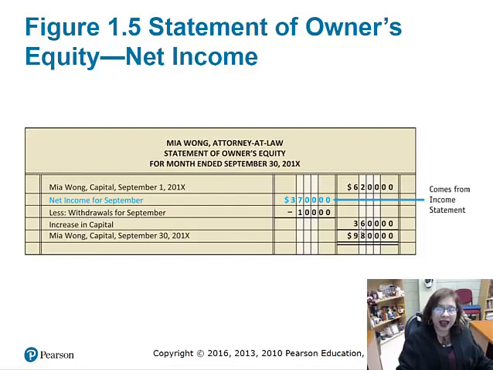So she has an increase in capital. Now you add the $3,600 and the initial investment, so you show as of September 30th an owner's equity of $9,800. Great, because of revenue, money she brought in.